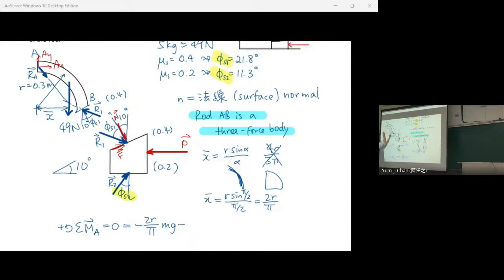So we take MA equal to 0, so we have one moment going clockwise and one moment going anti-clockwise. Is this going anti-clockwise? Now, for this force, you can use R cross F, but I would write it in horizontal and vertical directions.